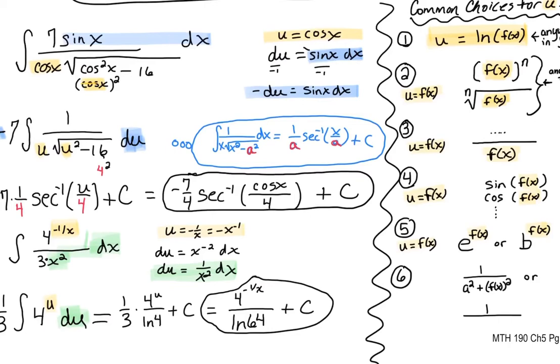It could also be one that results in something that looks like an a squared minus f of x squared, maybe under a radical here. Now, often what happens with these is that, I'm going to actually take the 1 off of here, typically within that integral you're also going to have f prime somewhere. But right now I'm just trying to summarize what things you look for as your f of x.